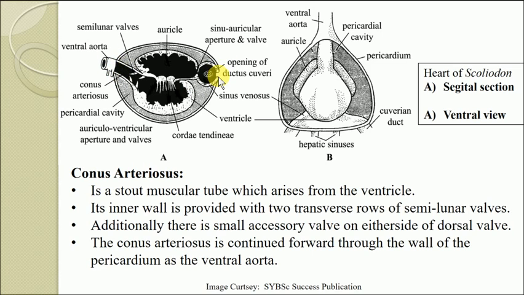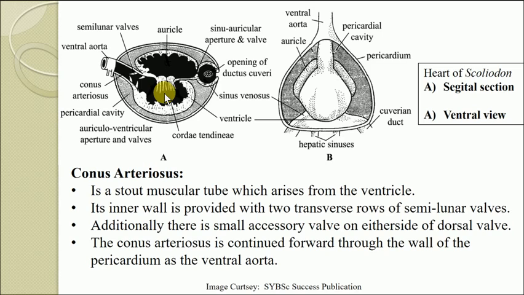At the posterior end there is the sinus venosus, and at the anterior end there is the conus arteriosus. Its inner walls are provided with two transverse rows of semilunar valves. Here in this diagram you can see the semilunar valves, each row containing three valves, one located dorsally and two ventrolateral in position.